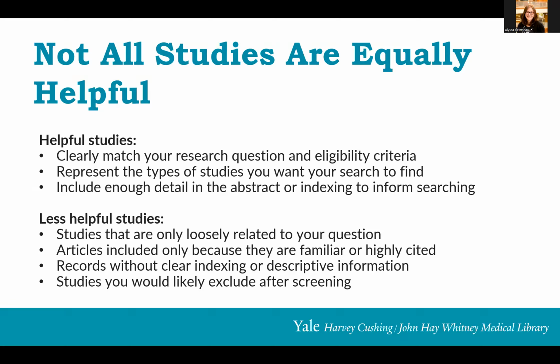Oftentimes, teams send me papers, and when I test the search strategy for the review, I'm not able to pull in that paper. When I look at that paper more closely, it doesn't meet the inclusion criteria. If I build out a search around a validating article and it turns out that paper is not relevant, we've just added a lot more material for the team to screen. If it needs to be in there, then those papers need to be screened.